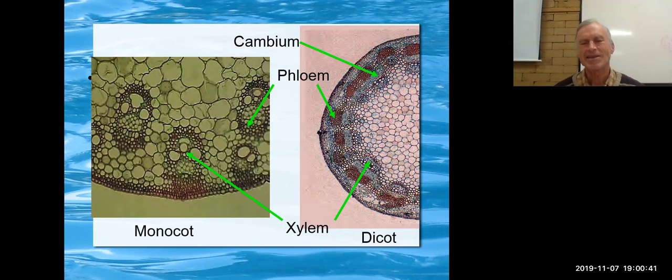So a monocot stem gets thicker because the cells that are already there get larger. But if you think about maize, once the stem grows, it doesn't get thicker and thicker like a tree stem does.